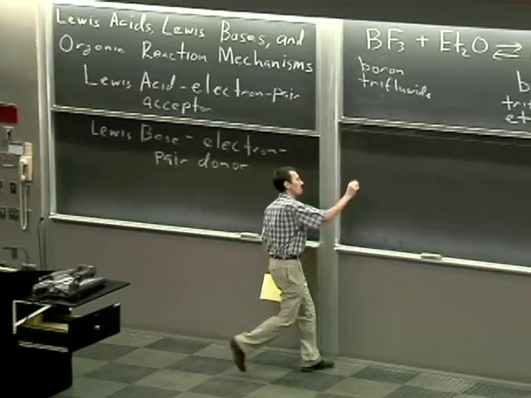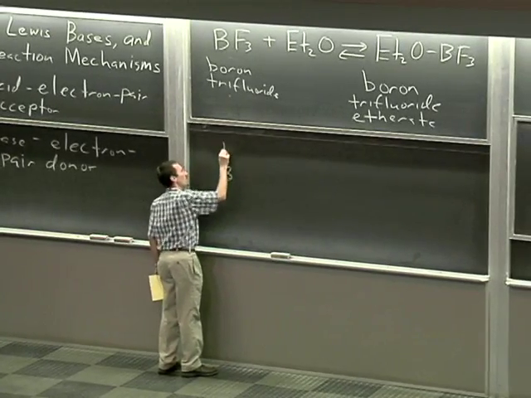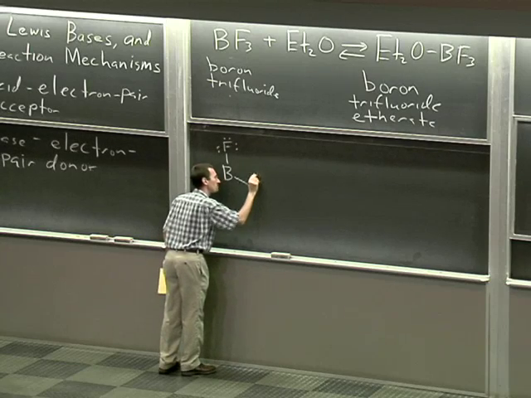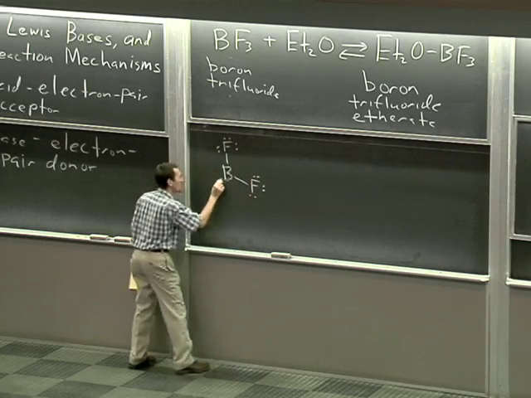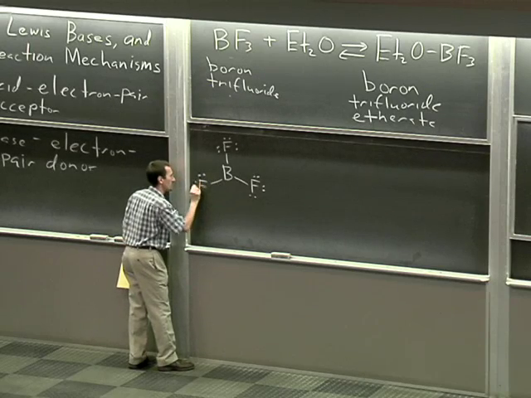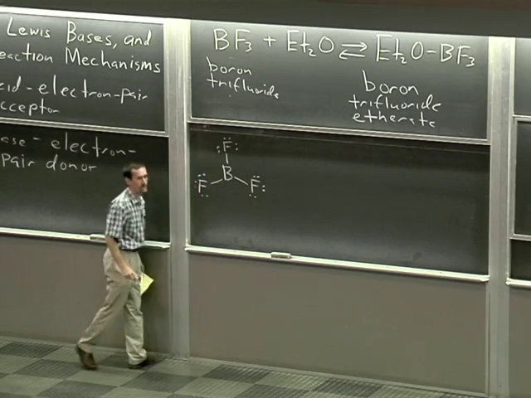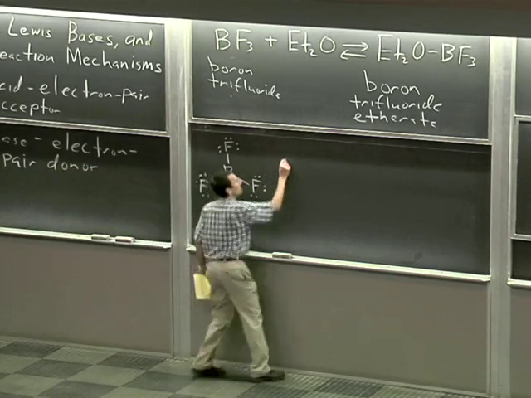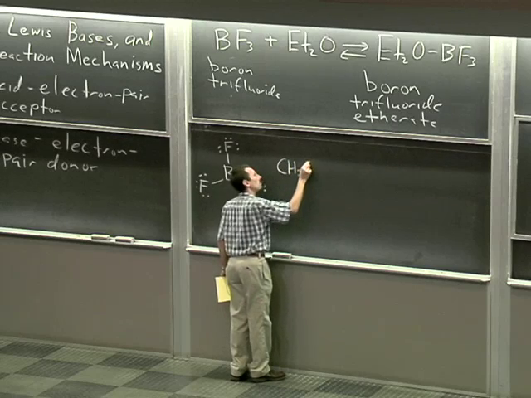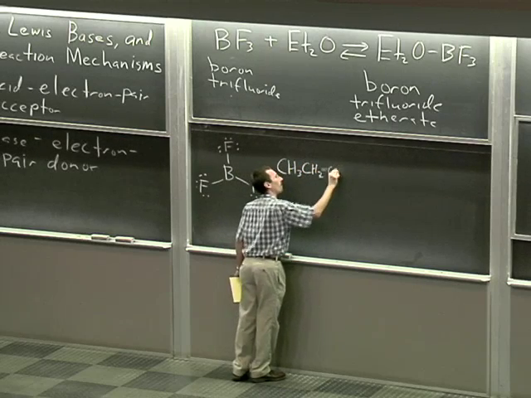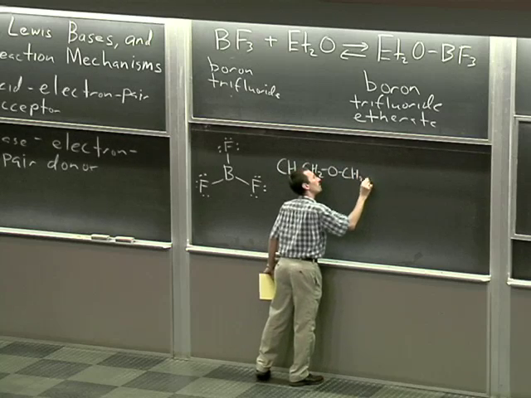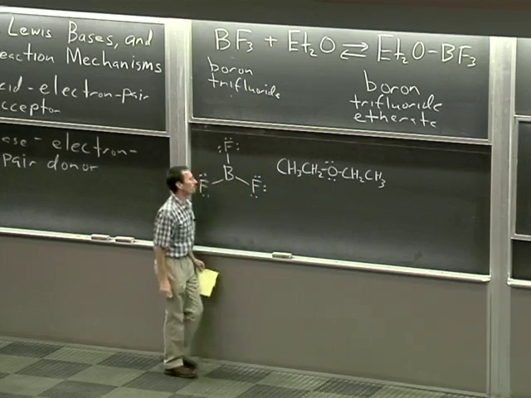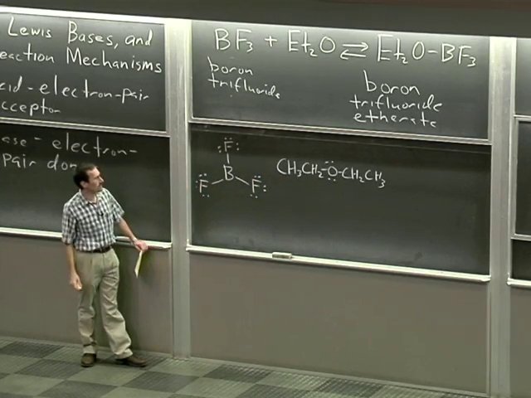And I'll try to be good about remembering to draw in all my lone pairs of electrons, as, at least at this point in your education, I expect of you as you're starting to get comfortable with writing reactions. So here's boron trifluoride, here's diethyl ether, drawing my lone pairs of electrons.